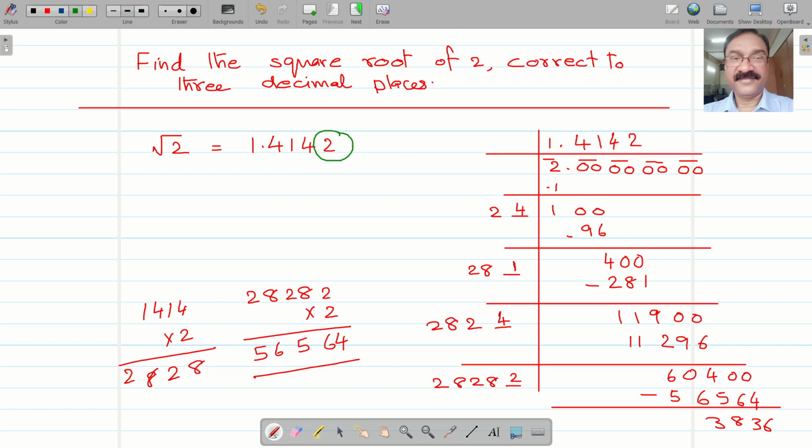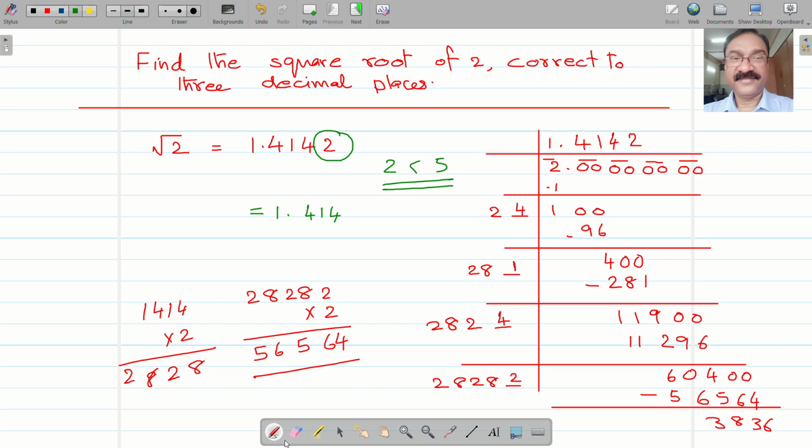Now see the fourth decimal, 2. It is less than 5. Since it is less than 5, we can just omit it. So 1.414. If it was 5 or greater than 5, we would have added 1 to the third decimal place. It would have become 1.415.